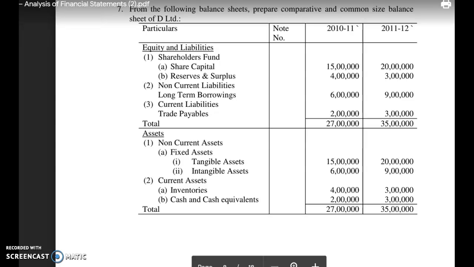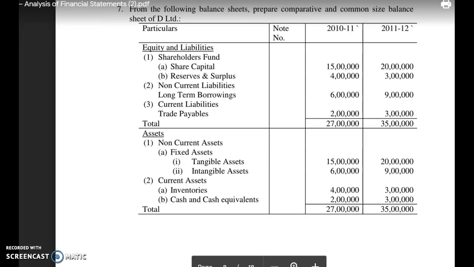In order to have effective and successful financial planning, we analyse the previous information, and on that basis we can do the future planning. To analyse past performance, we make a comparative study of the various years' financial statements so that some authentic conclusion can be drawn.